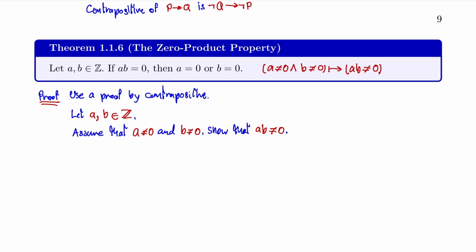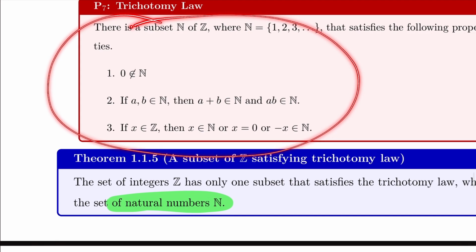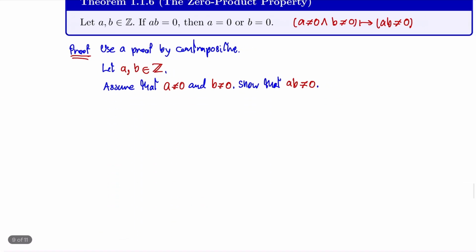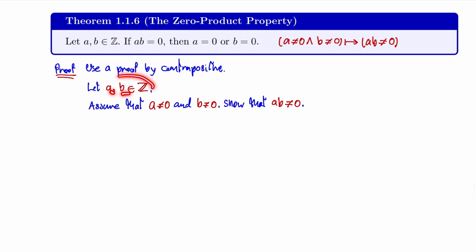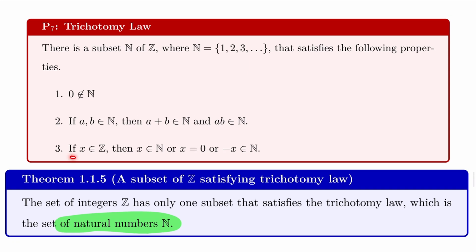So what can we do next? How can we go? We will use the trichotomy law right here, because a and b are integers. Once a and b are integers, which trichotomy law is satisfied? The last one, right?